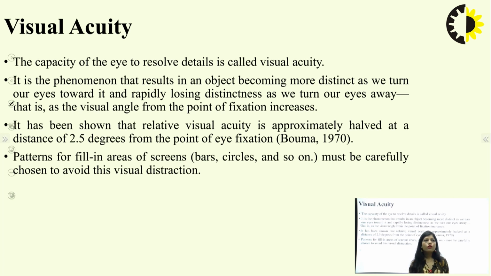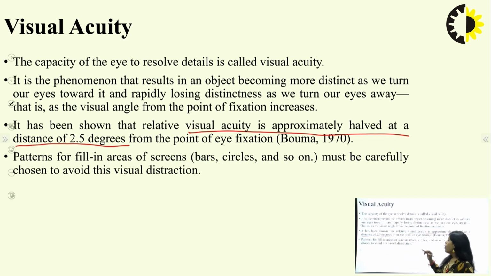This happens as the visual angle from the point of fixation increases. It has been shown that relative visual acuity is approximately half at a distance of 2.5 degrees from the point of eye fixation.